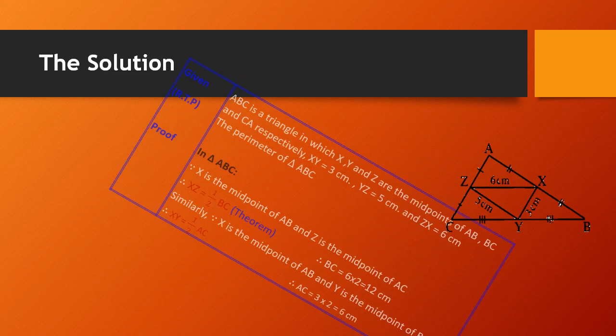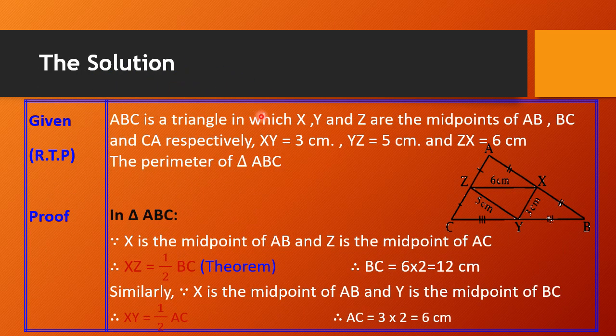The solution. Given ABC is a triangle in which X, Y, Z are the midpoints of AB, BC, and CA respectively. XY equals 3 cm, YZ equals 5 cm, ZX equals 6 cm. RTP: the perimeter of the triangle ABC.